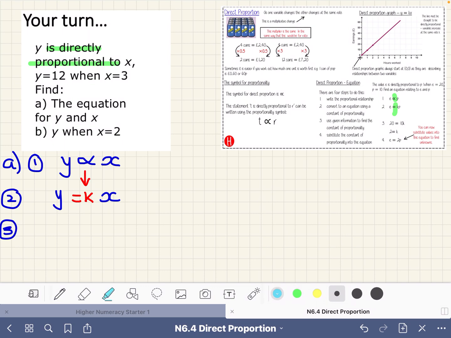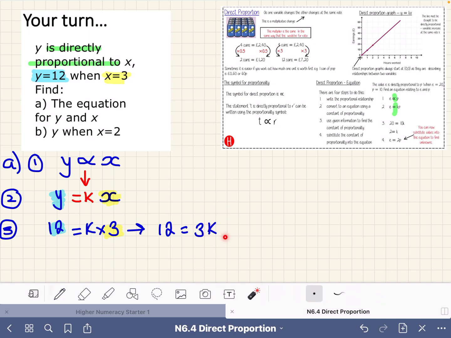We are still using y/x equals k, but replacing the y with 12 and the x with 3. This can be written as 12 is equal to 3k.